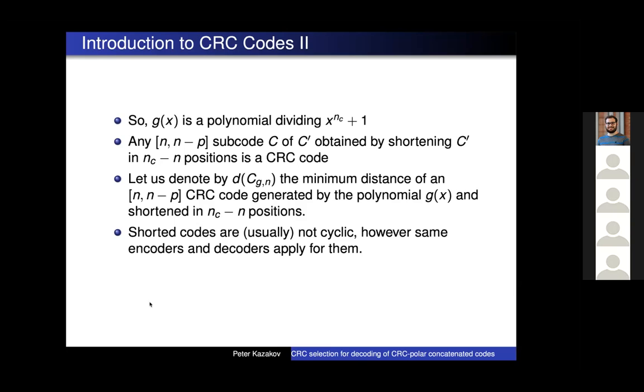I will show you on a matrix how this is performed. Shortened codes are usually not cyclic. However, they share the same encoders and decoders, so the process of encoding and decoding is absolutely the same.